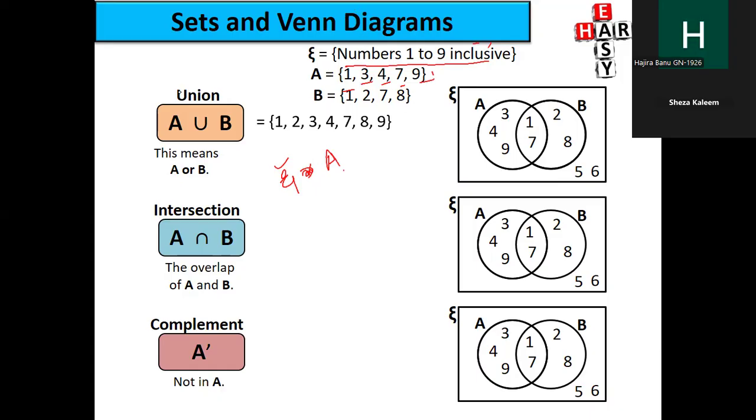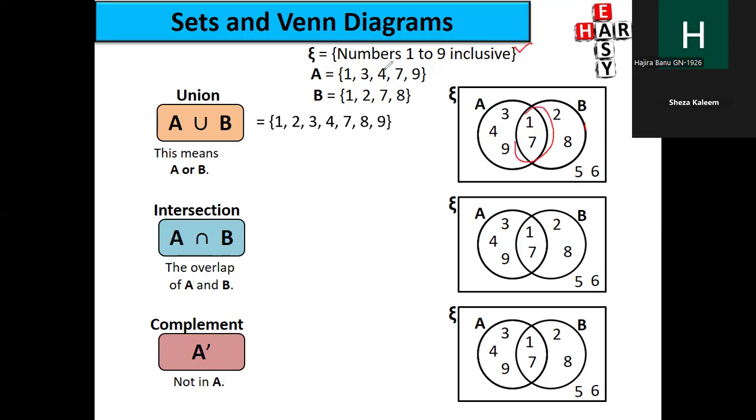Okay, now coming to how we represent Venn diagrams. Always remember the universal set is represented by a rectangular box like this. Then we can represent each set with a circular symbol. If sets have anything in common, those elements will be represented in the overlap.